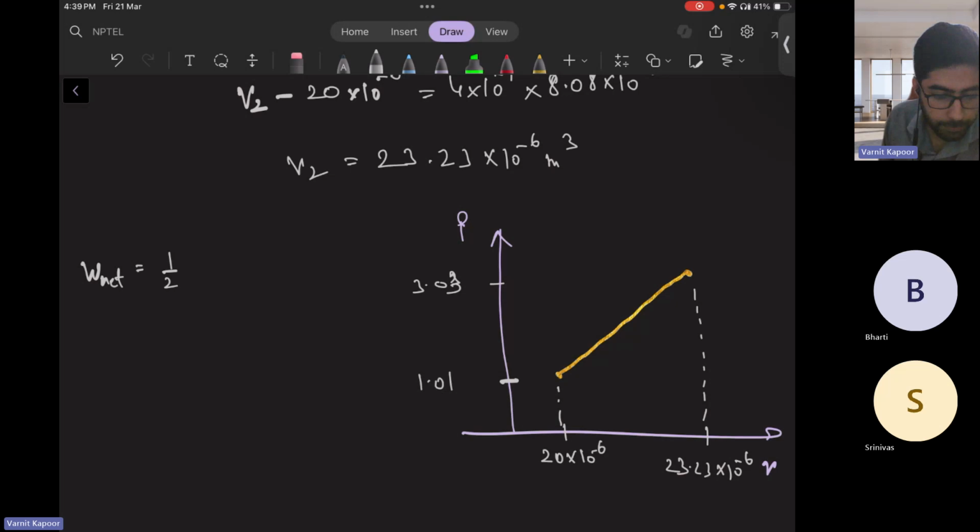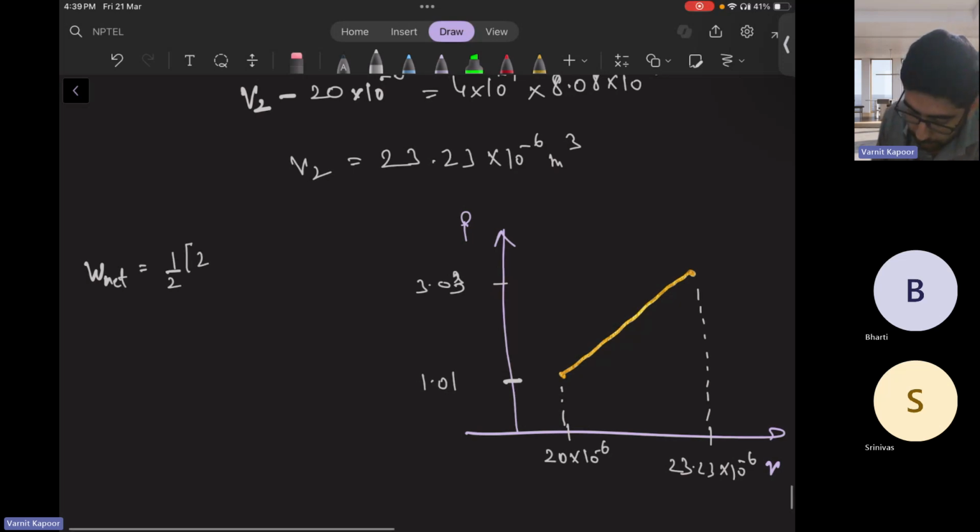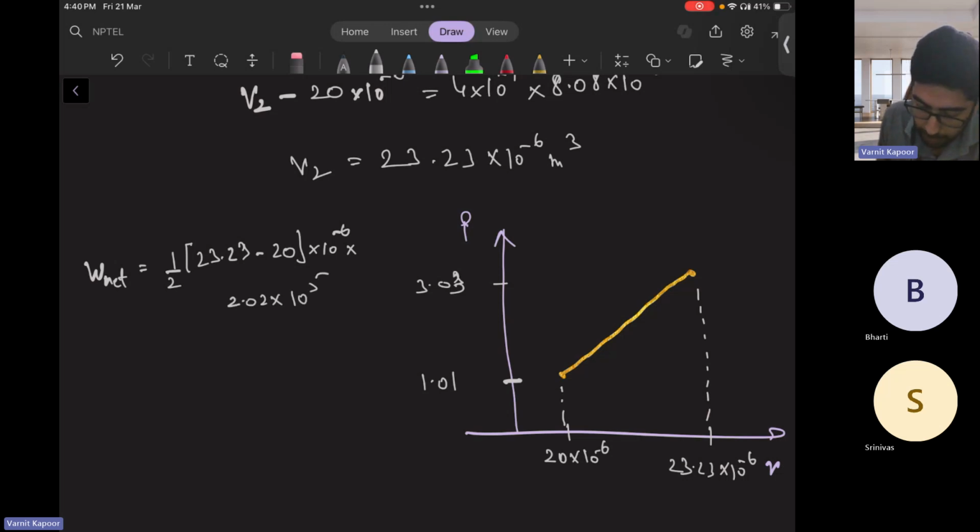Okay, so height is 23.23 minus 20 into 10 to the power of minus 6, into sum of parallel sides, which is 2.02 into 10 to the power of 5. All right. So work net comes out to be 0.656.